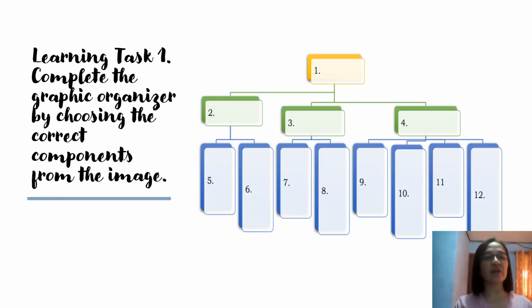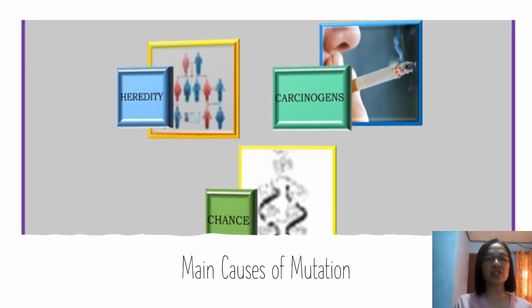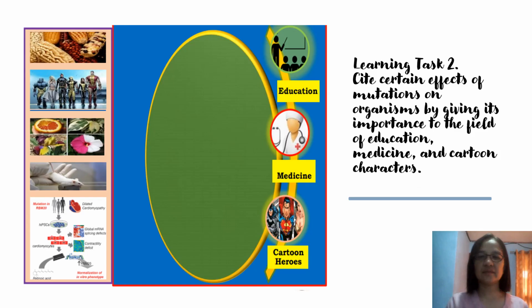Let us have our learning task 1. Complete the graphic organizer by choosing the correct components from the image. At ito yung image na pwede natin pagkuhanan: main causes of mutation and sub-causes of mutation.